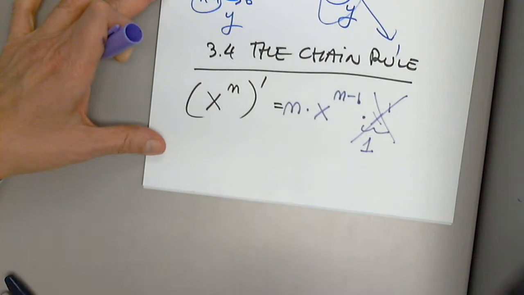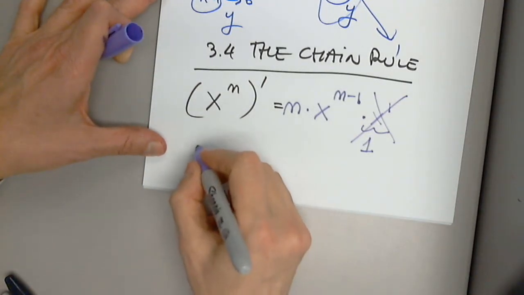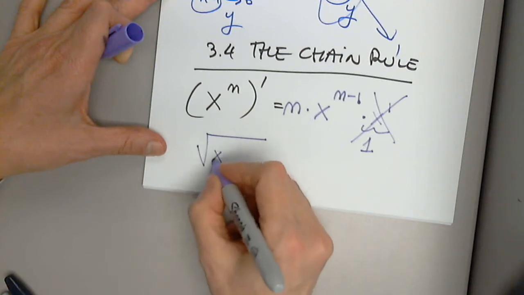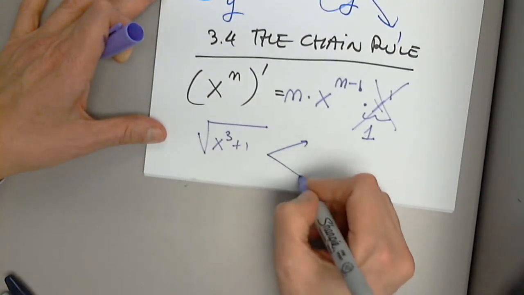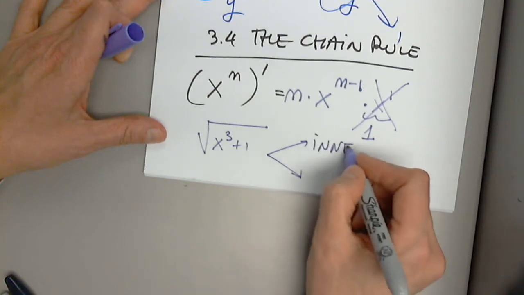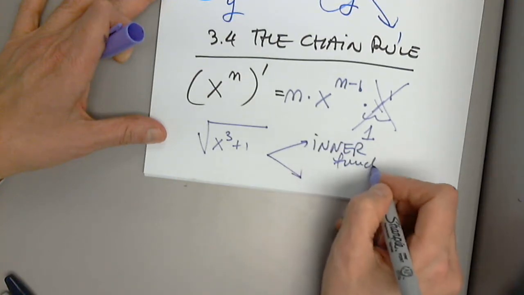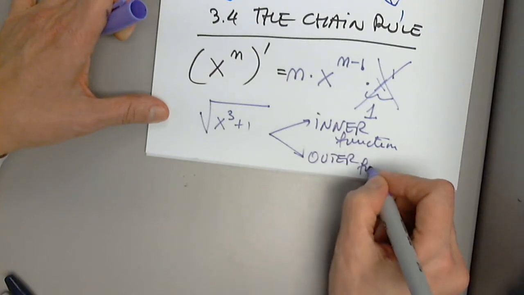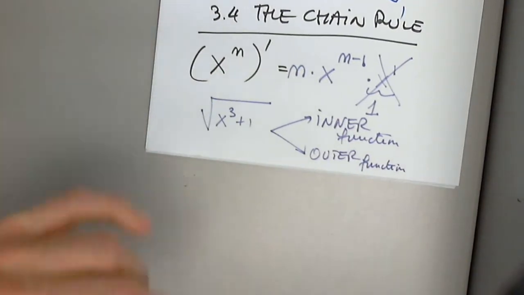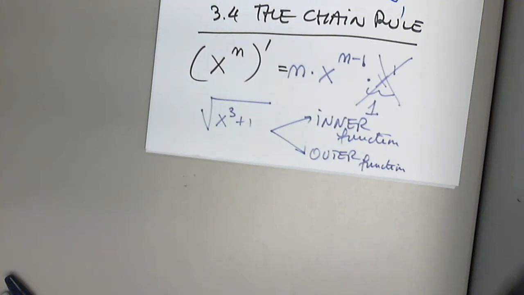Now, that's a preliminary idea. Second thing that I would like to say, if I have the square root of x cubed plus 1, can you please tell me which one is the so-called inner function and which one is the outer function? Before you answer, let me clarify this.